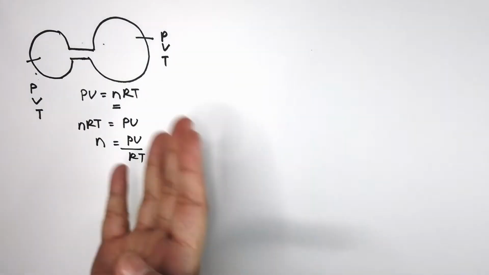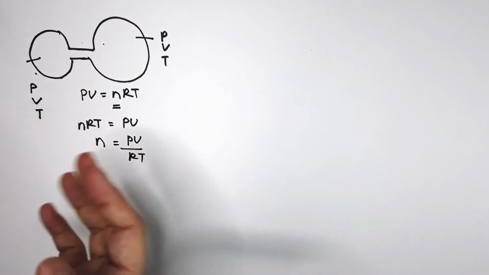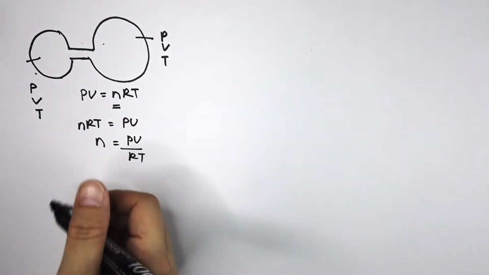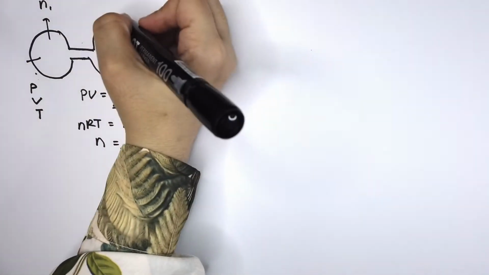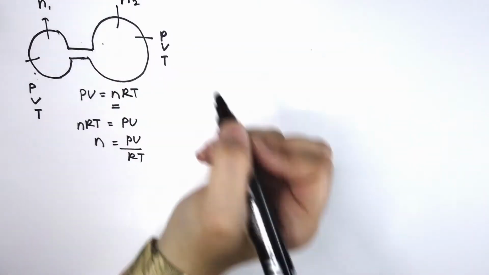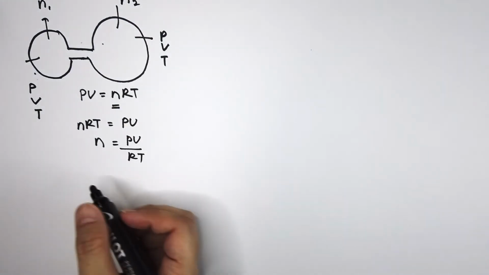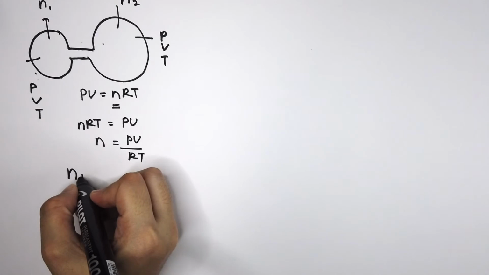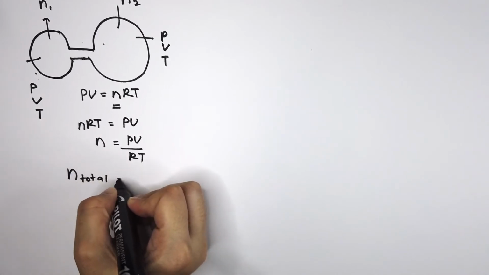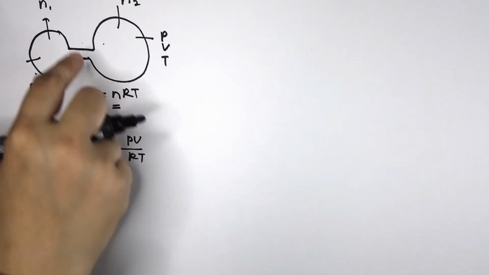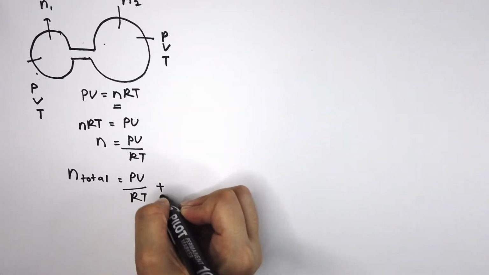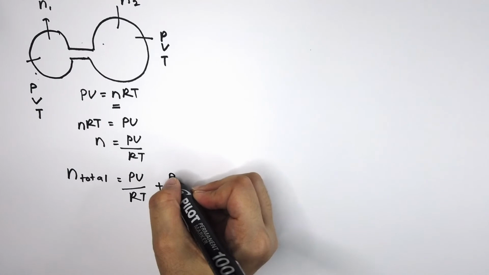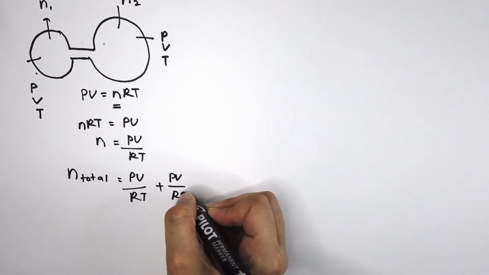But because you have two different gases, what you can do is calculate n1 and n2. So n total is equivalent to n1, PV over RT, plus n2, PV over RT.